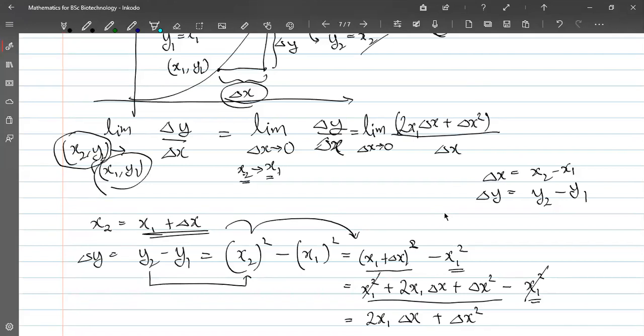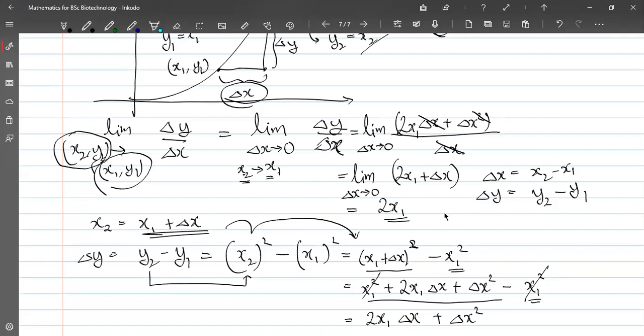Here what is common? Delta x. So this is the limit as delta x approaches 0 of 2x1 plus delta x, and that is equal to just 2x1. Okay.